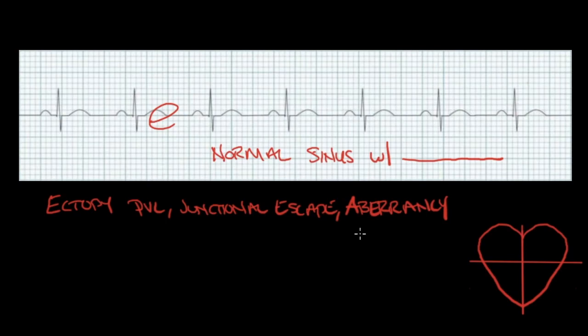So this could be stuff like Wolff-Parkinson-White or bundle branch blocks. And again, we would have something that says normal sinus with bundle branch block, right bundle branch block, left bundle branch block. All right, so these would be additives.